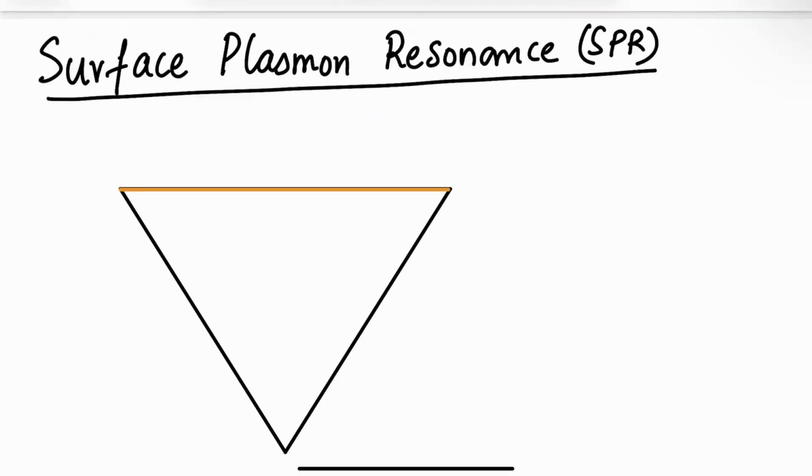And then on this gold coating, there are these ligand bonds. Okay? You can think of them as some kind of chemical bonds that are placed there. And these chemical bonds can only bond with a certain molecule. Okay? So there is a certain molecule, let's say, that can bond to these bonds, right?